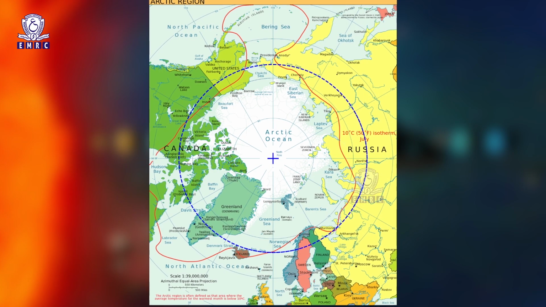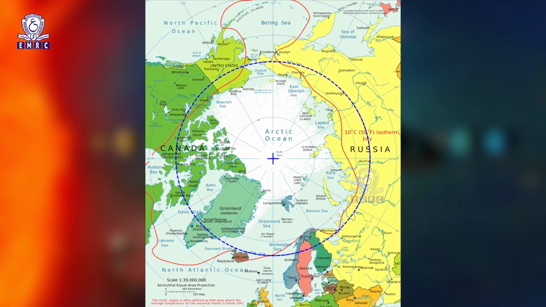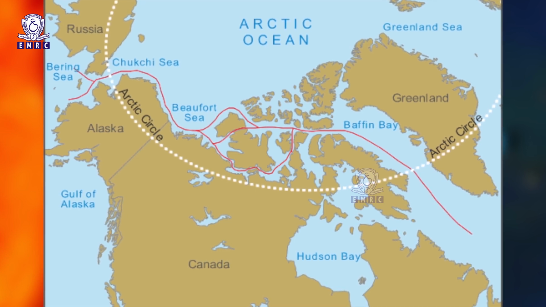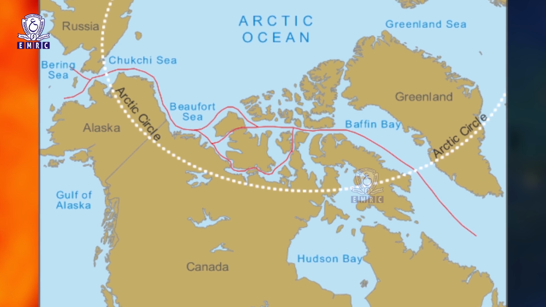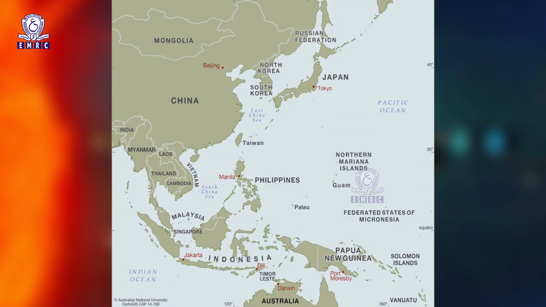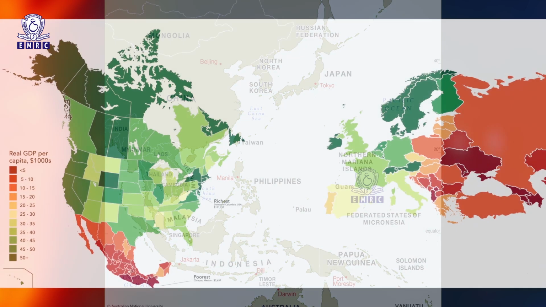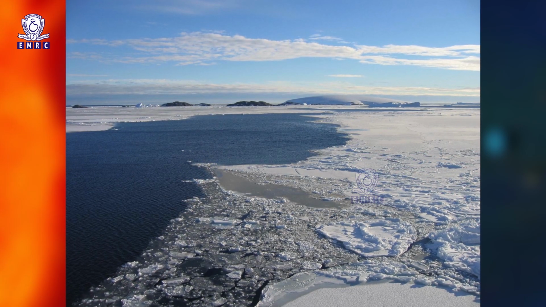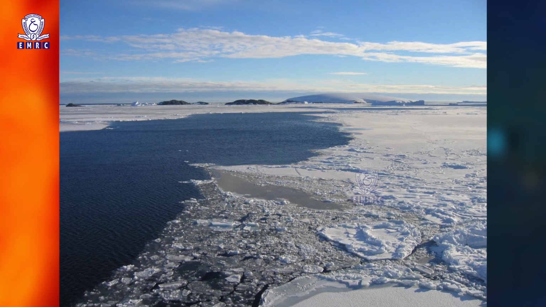It is mostly a landlocked ocean located north of the Arctic Circle. It is connected to the Atlantic Ocean by the Greenland Sea and to the Pacific Ocean via the Bering Strait. It is bounded in the north by the coast of Asia, Europe and North America. The Arctic Ocean is the smallest among the world's 5 oceans.